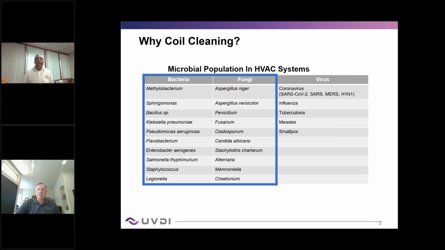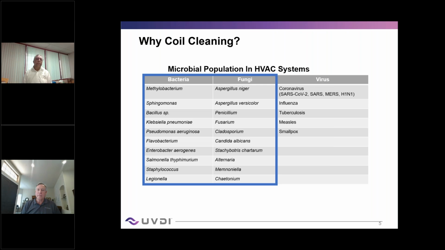So as we go through what's really growing in the coil, there are several studies which have delineated the typical microbes identified, not just from the coil, but throughout the HVAC system. What I'm highlighting here on the left-hand side is bacteria and fungi. I'm not going to read out all the names, but it's a pretty big list.